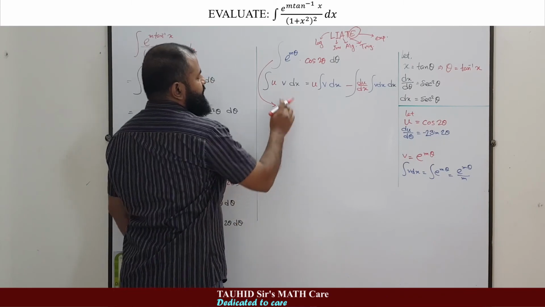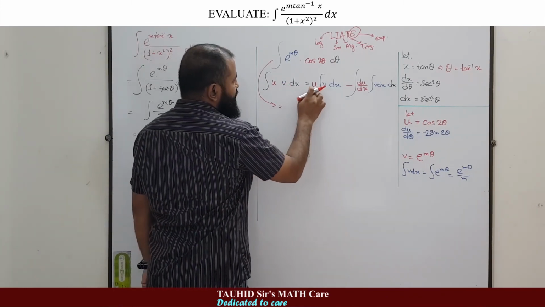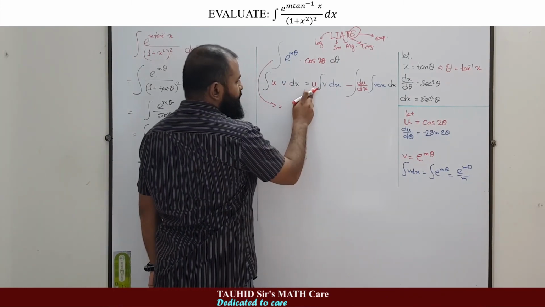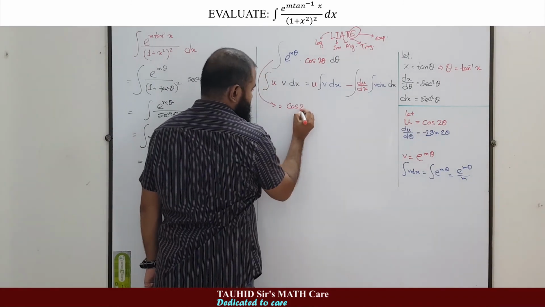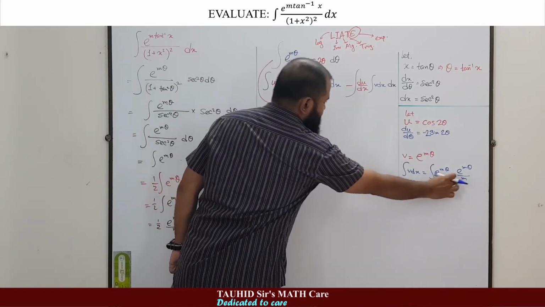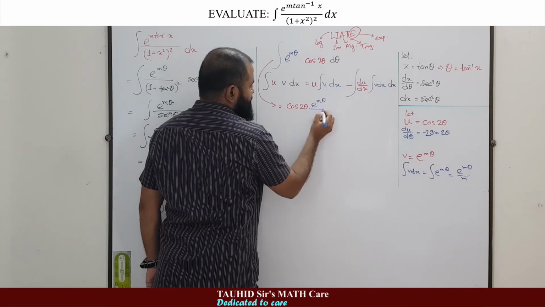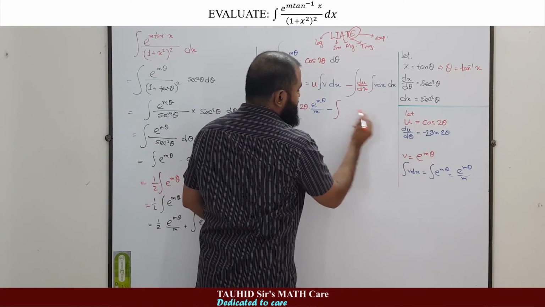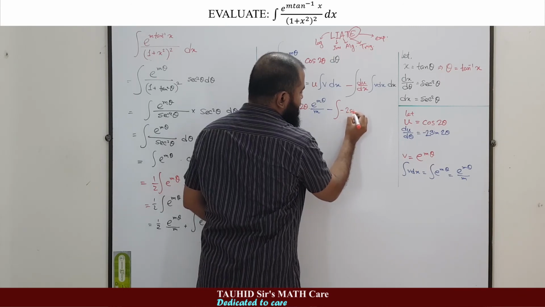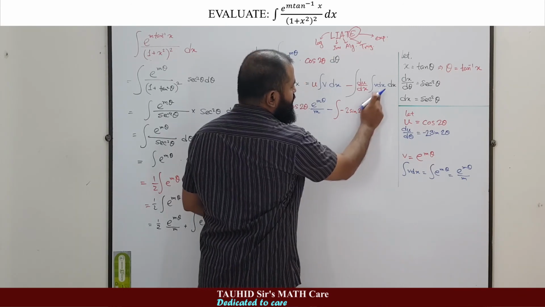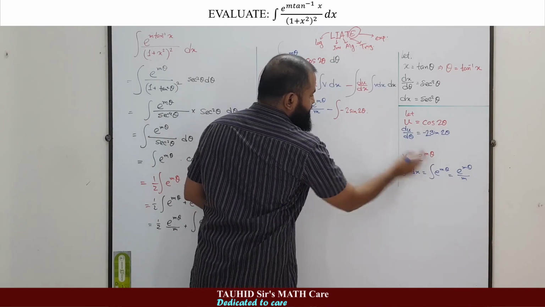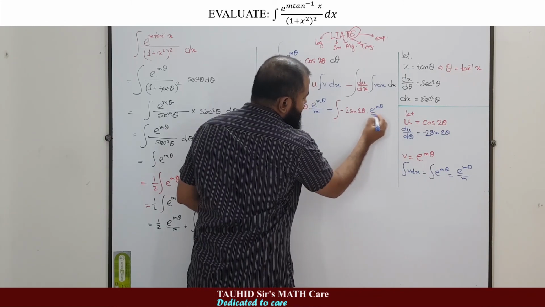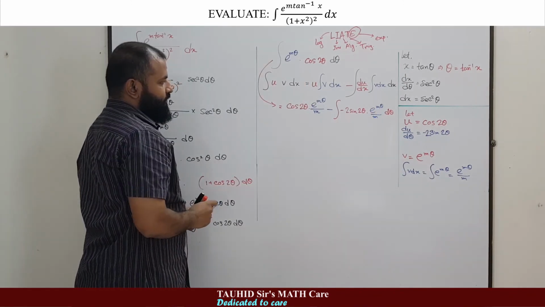So we can write integration of u v dx equals u integration of v dx. u means cos 2 theta. Integration of v dx means e to the power m theta by m, minus integration of du dx, that means du d theta, minus 2 sine 2 theta, into integration of v dx, that means e to the power m theta divided by m d theta.